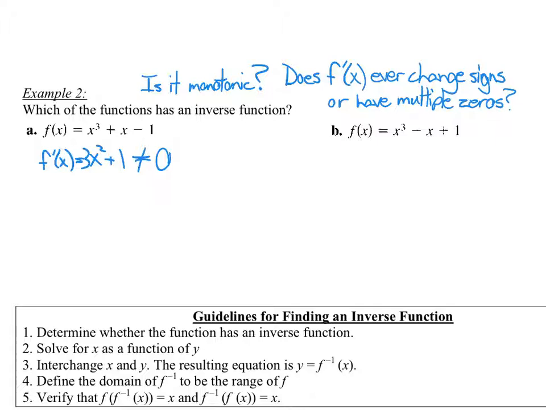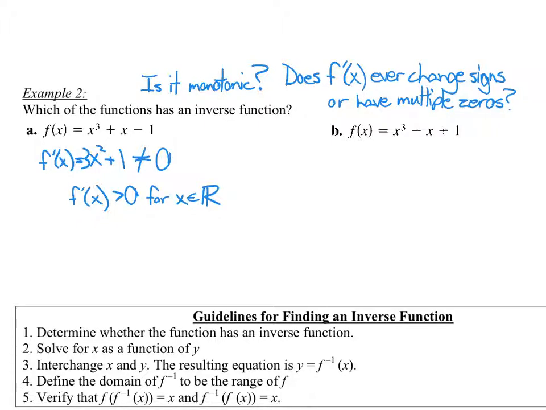Therefore, is this monotonic? Yes. We could plug something in and figure out if it's increasing or decreasing, but this one's increasing. So f prime of x is greater than 0 for all real numbers.